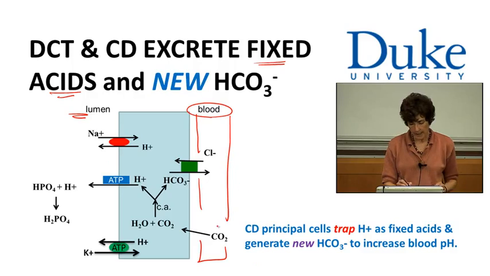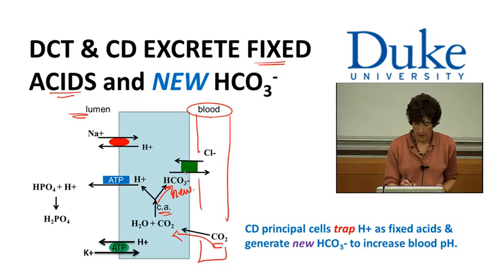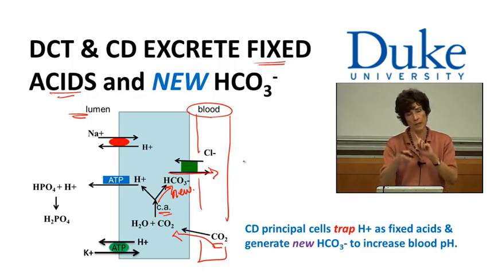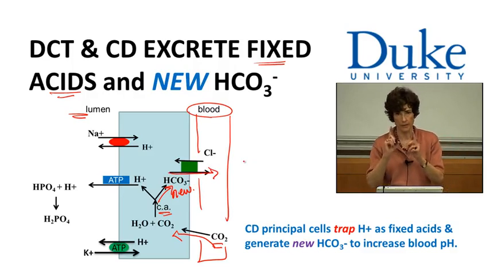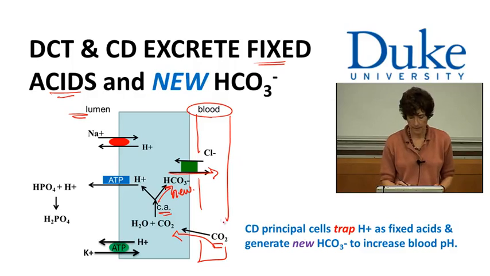In this particular case now, we are going to be delivering to these cells CO2 from the blood. And the CO2 can enter into the cell, and in the presence of carbonic anhydrase, we can generate bicarbonate, and this is new bicarbonate. The new bicarbonate is then delivered to the blood using our chloride bicarbonate antiporter on the basal surfaces of these cells.